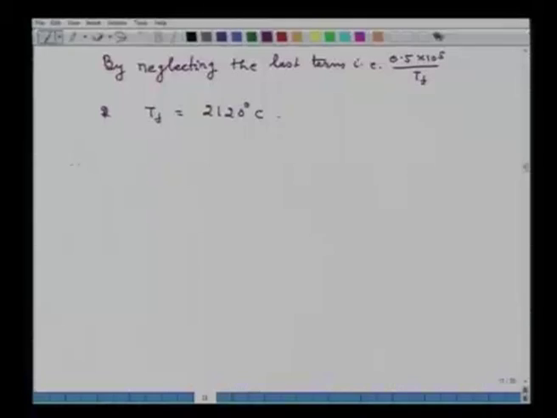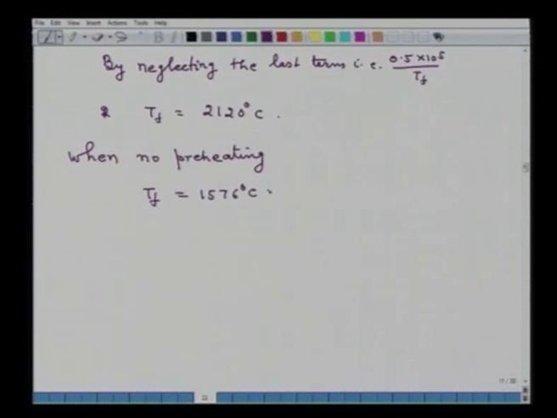Now, when no preheating is done, just to illustrate, though I have illustrated earlier, the Tf is equal to 1576 degree Celsius. That is the effect of no preheating or preheating.